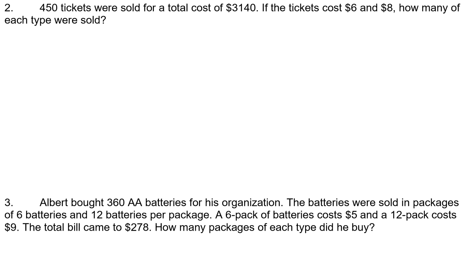Alright, so first thing we're going to do is we are always going to figure out what we are actually solving for. Right? In this case, we want to know how many of each type of ticket was sold. So let's let X be the number of $6 tickets and Y be the number of $8 tickets.